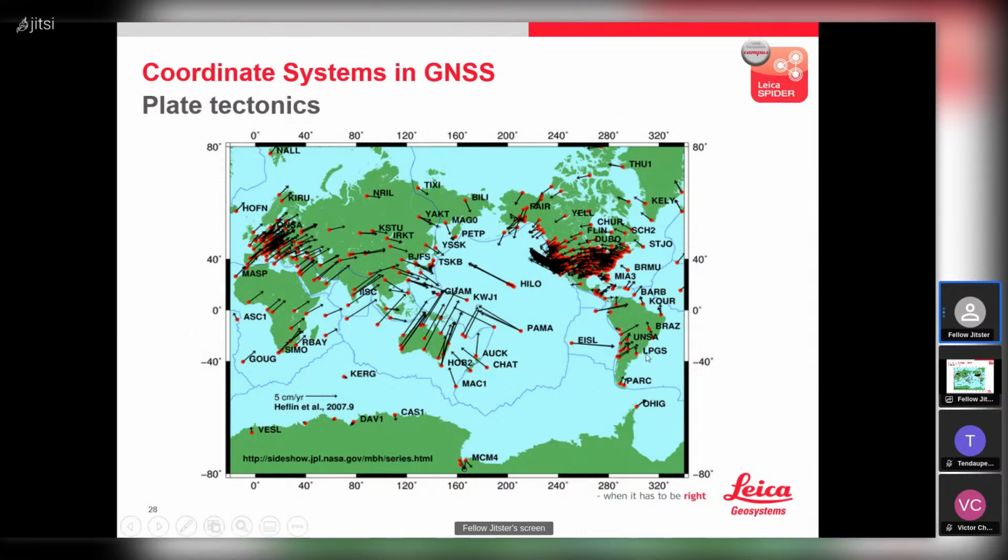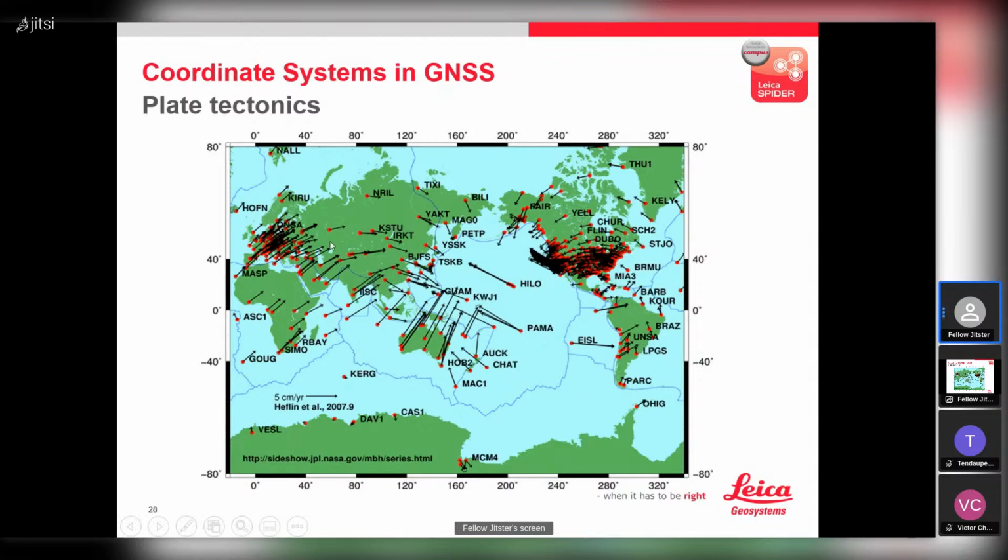You can see that Australia, for example, is moving more or less 6 or 7 centimeters per year on the global scale. This is quite a lot. The same for New Zealand. These are the fastest moving tectonic plates. Africa is not moving so much, but still it's about 2.5 centimeters per year.